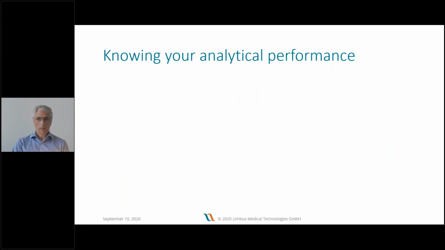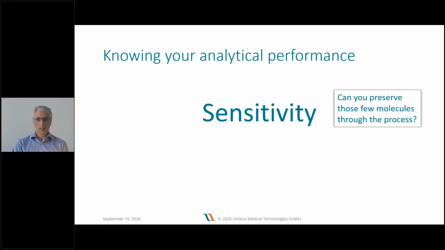The topic of my talk is knowing exactly your analytical performance, and there are two important parameters that you're looking at, which Peter already mentioned. The first parameter is, of course, the sensitivity, and sensitivity in relation to liquid biopsy means, can you actually preserve those few molecules that were present in your sample throughout the wet lab process, and make them visible in the results of your analysis?